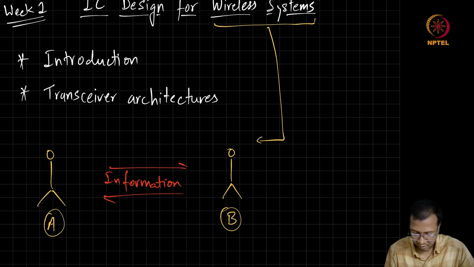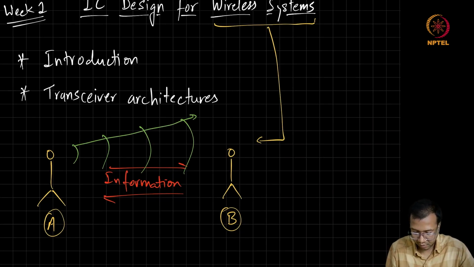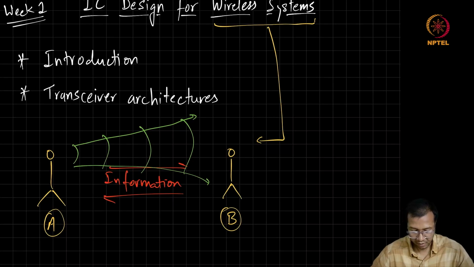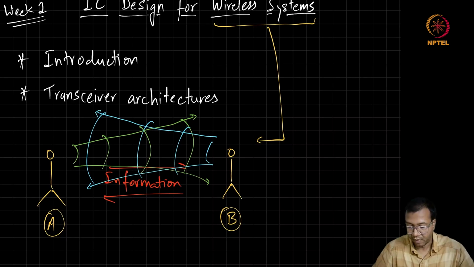For example, here let me show you this wavefront of energy, which is moving from point A to point B. Similarly, the person at point B has created a disturbance, and this disturbance is also propagating from B to A. So, in short, a wireless system is where you don't have any wired or tethered connection.